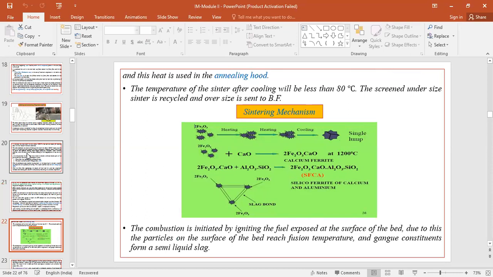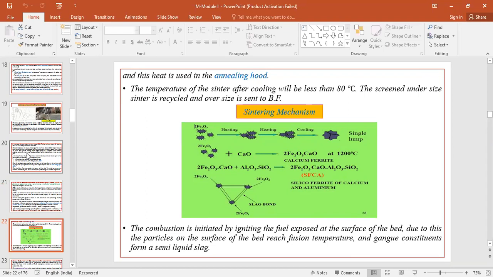The temperature of the sinter after cooling will be less than 100 degrees centigrade, and the screened undersize sinters are recycled, and the oversize, that is around 5 to 40 mm, will be subjected to blast furnace charging.